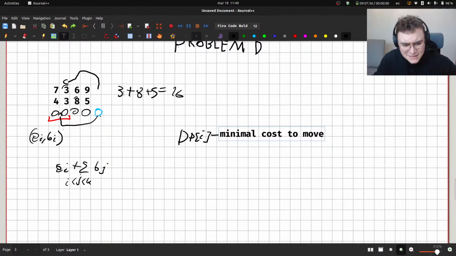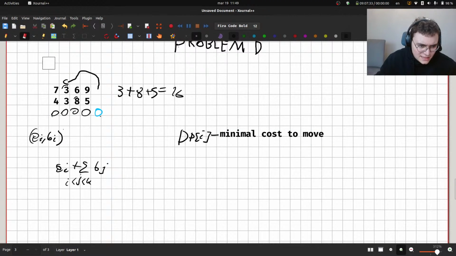The task asks us what is the minimal cost to move to one of the first m positions.